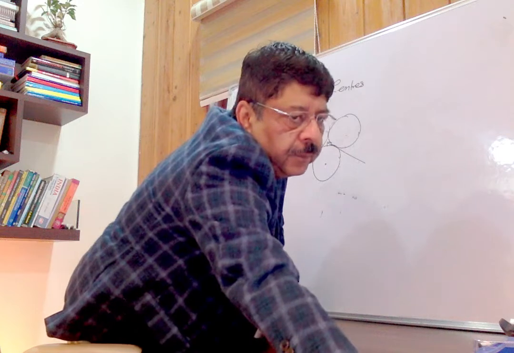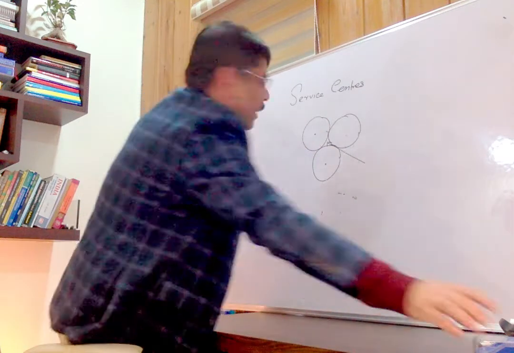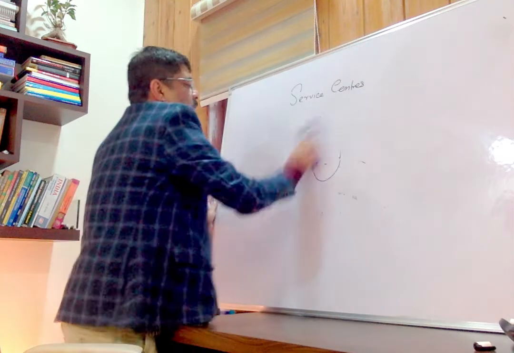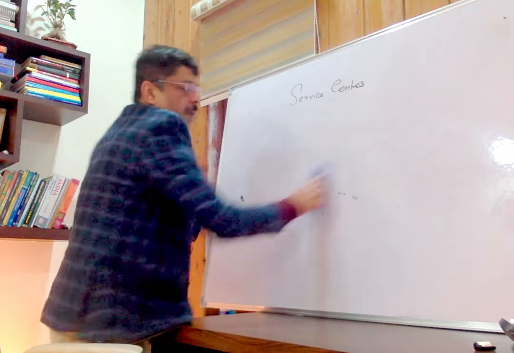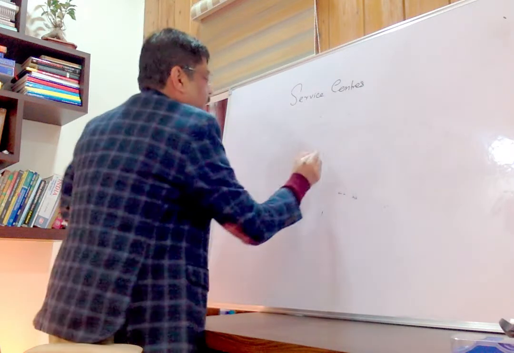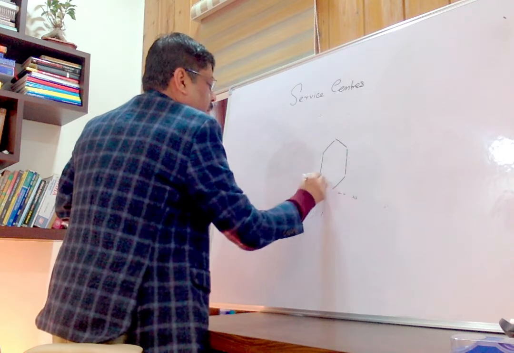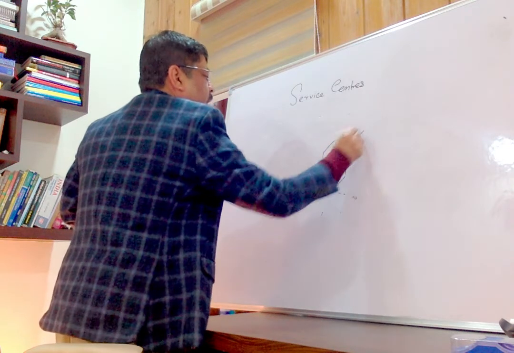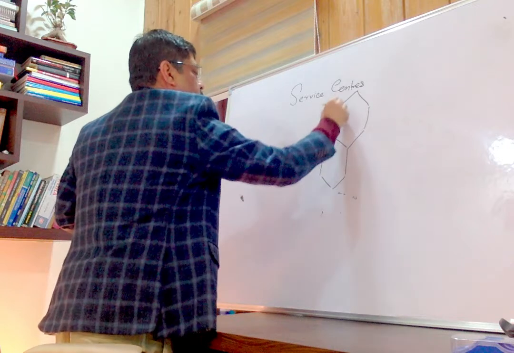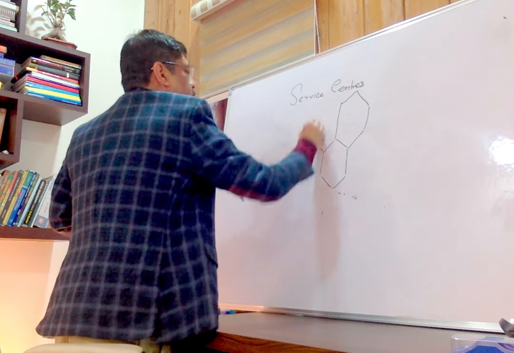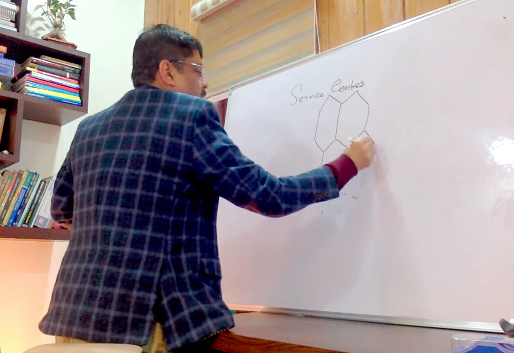Right? So he made the next best shape, that is hexagonal, where no unserved area is there.